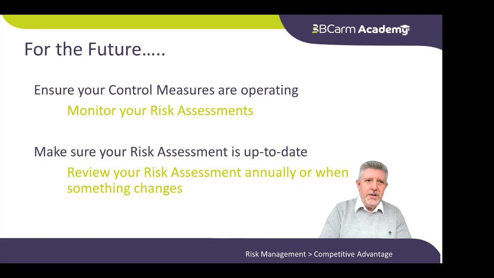Then once we've got our risk assessment in place and we've got our control measures, the Management of Health and Safety at Work Regulations 1999 say we have to do two things. One of them is that we make sure that we review our risk assessment on an annual basis or a frequent basis.